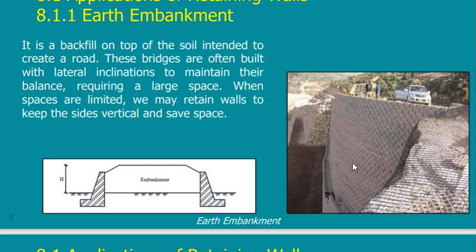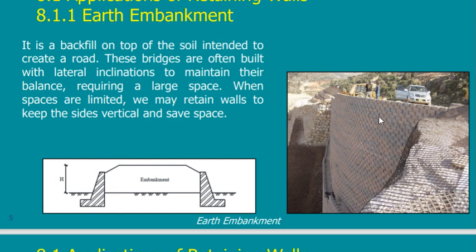Here you find that this is very, very high. Compare the height of the person standing here and the height of the wall. It is very tall, but the thickness of it will be very small, because this is a special type of wall.